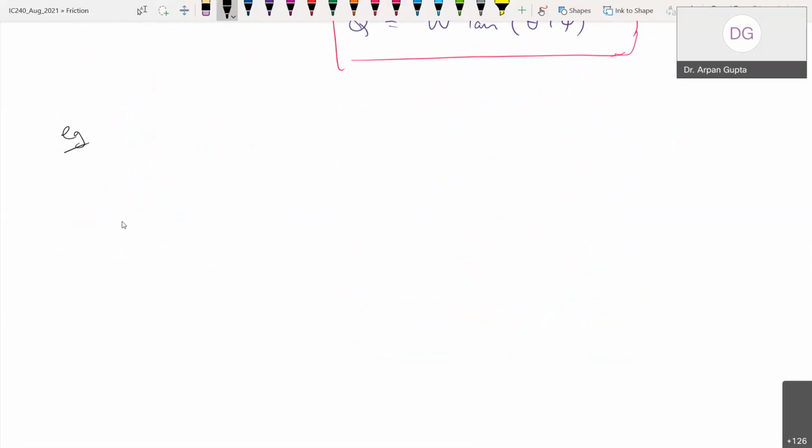The example here, I'm not giving in detail, I'm just writing the main data. The lead of the screw is, let's say, 4 mm. Your mean radius of the screw thread is 5 mm.